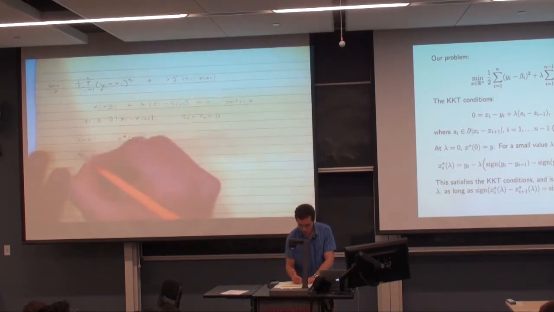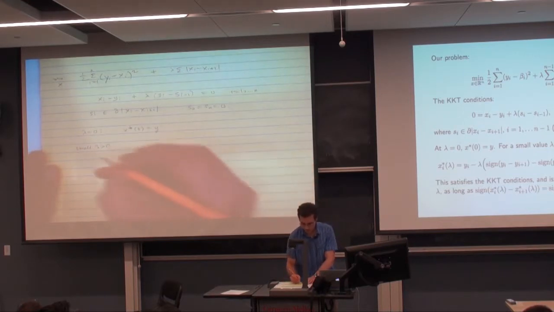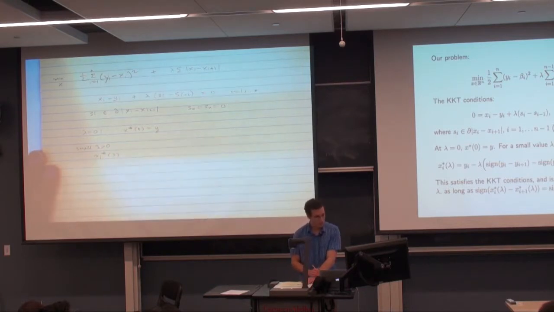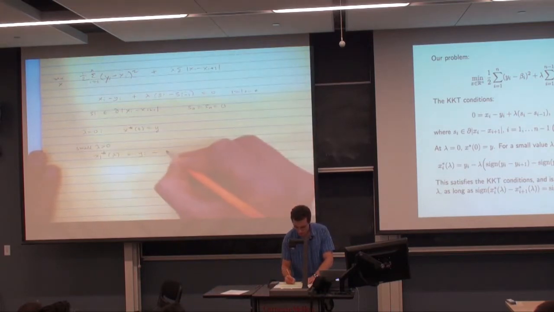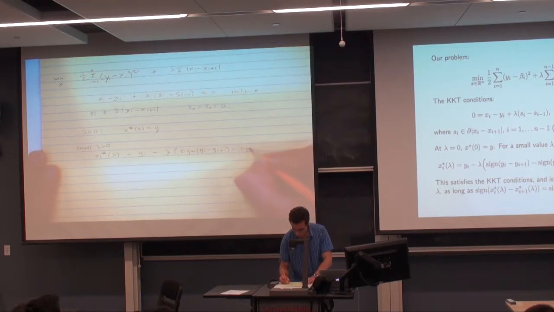Okay, now for a really small value of lambda, let's consider taking the following as our proposed solution. In the ith coordinate of x, I'm going to let it equal yi minus lambda times the sign of yi minus yi plus 1 minus the sign of yi minus 1 minus yi.